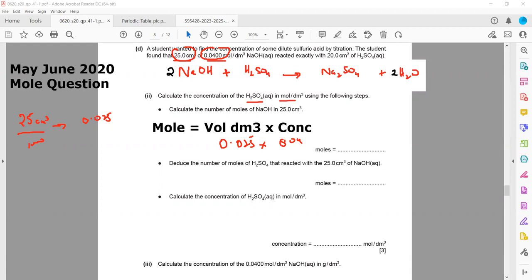So moles equal concentration into volume. When concentration is multiplied by volume or volume is multiplied by concentration, we get the moles of the substance. So 0.001 are the moles of sodium hydroxide which are used for this experiment.